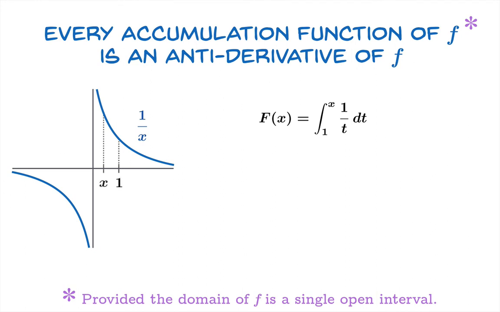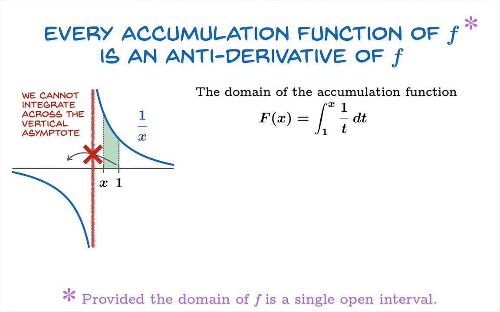And so we'll use the anchor argument 1, and when you plug in an x, then you integrate from 1 to x, you're going to get your value of the accumulation function. But there's a vertical asymptote at 0. And in fact, you can't integrate from 1 across the vertical asymptote. So x can never be negative here. In other words, the domain of this accumulation function is actually the open interval from 0 to infinity.